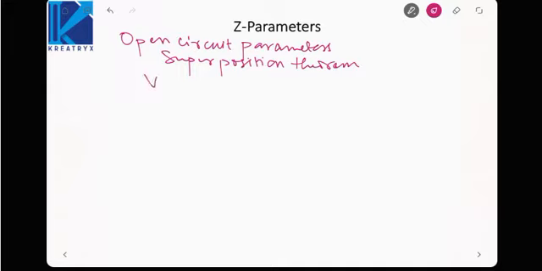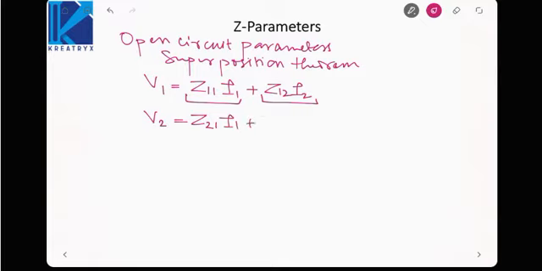That is why it can be expressed as V1 is equal to Z11 I1 plus Z12 I2. This is the component of V1 due to I1, and the component of V1 due to I2. Similarly, V2 is Z21 I1 plus Z22 I2. Component of V2 due to I1, component of V2 due to I2.